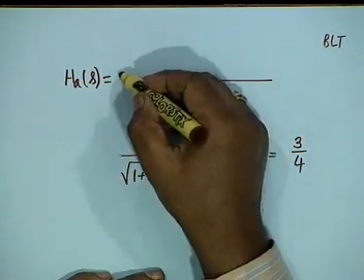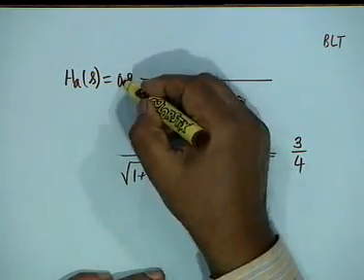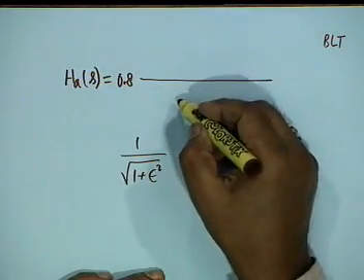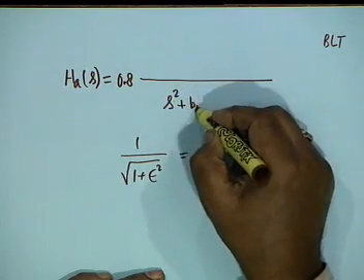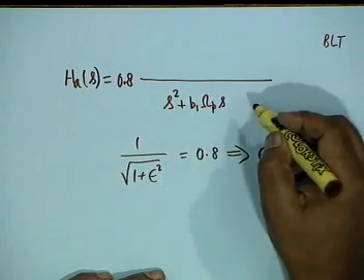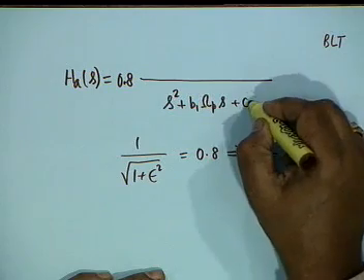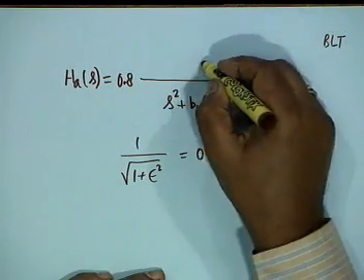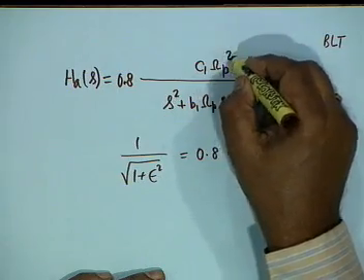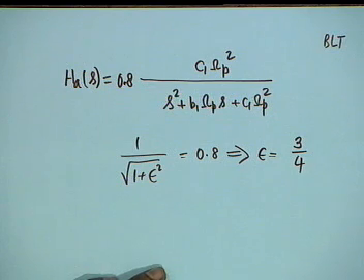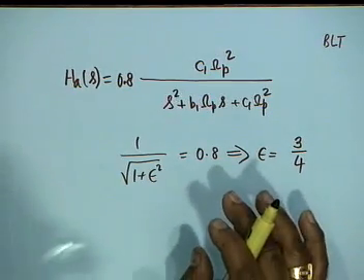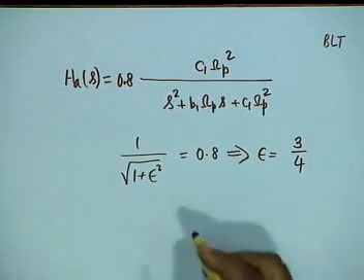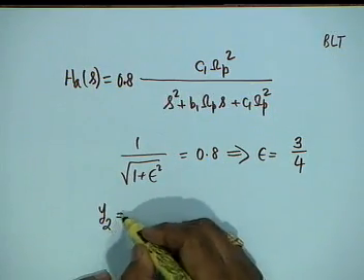So it would be 0.8 multiplied by the numerator c1 omega p squared over s squared plus b1 omega p s plus c1 omega p squared. In order to calculate b1 and c1 you require the value of y2.